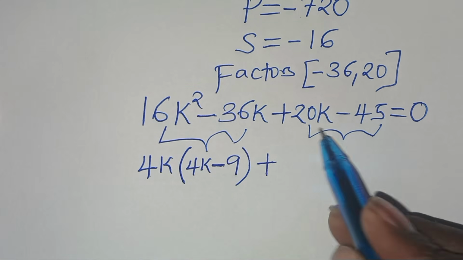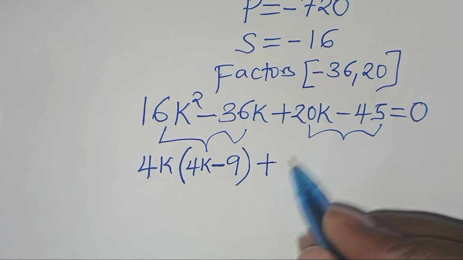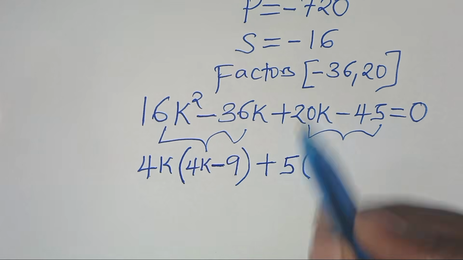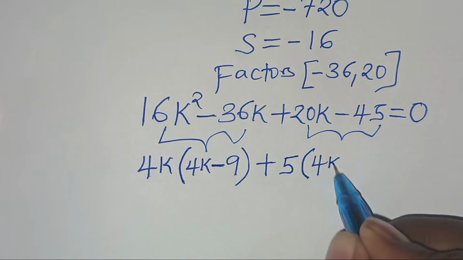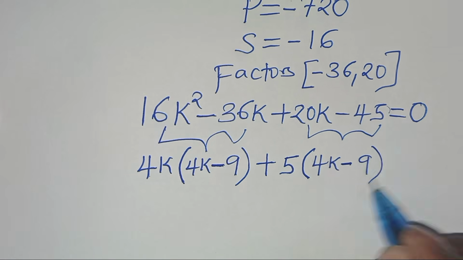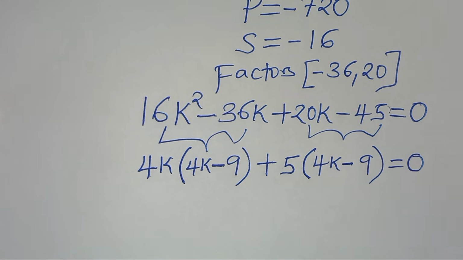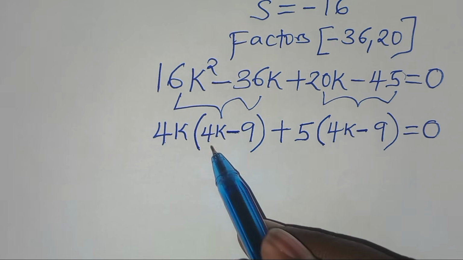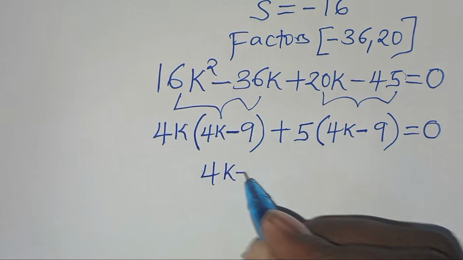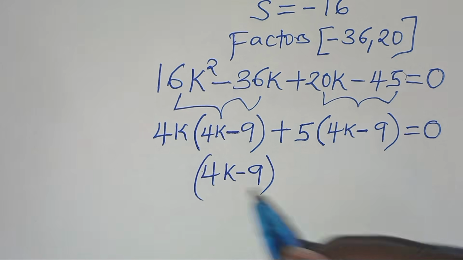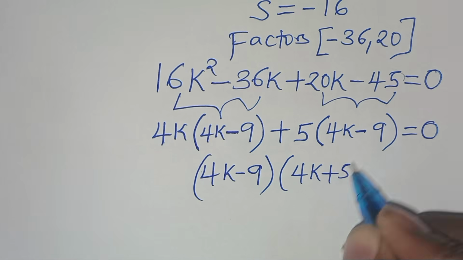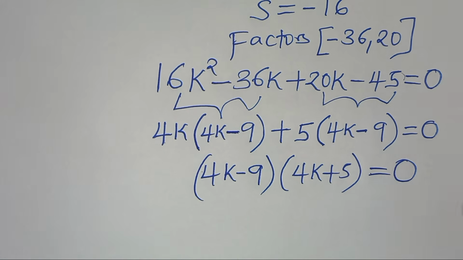Then plus, here 5 is common, so let's factor out 5. 20k divided by 5 is 4k, subtract 45 divided by 5, which is 9, and this is equal to 0. So we have 4k minus 9 is common, so we have 4k subtract 9 multiplied by 4k plus 5, equal to 0.